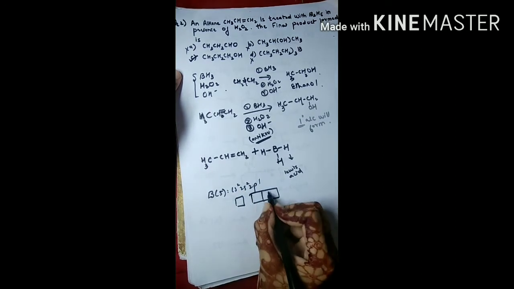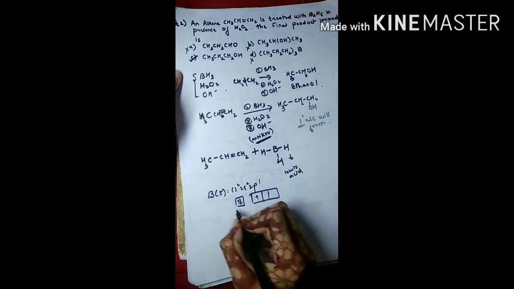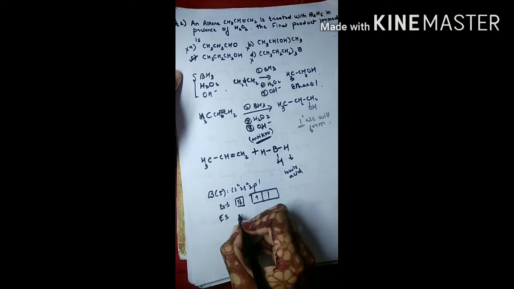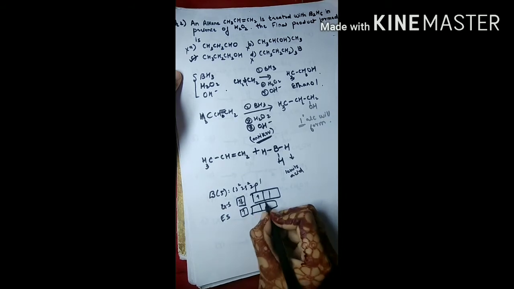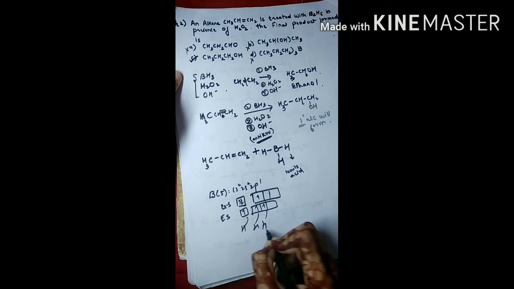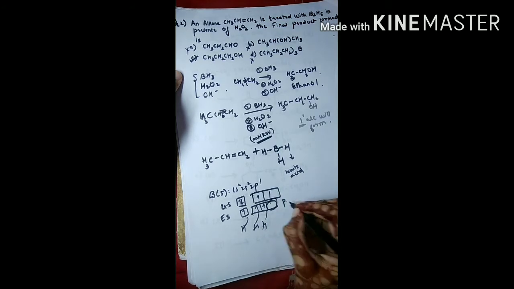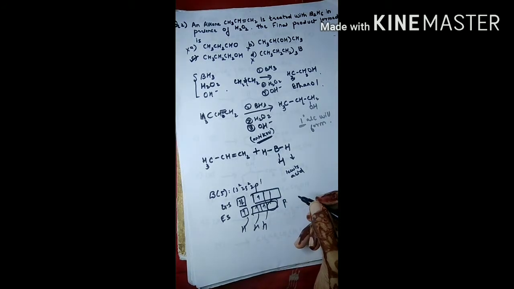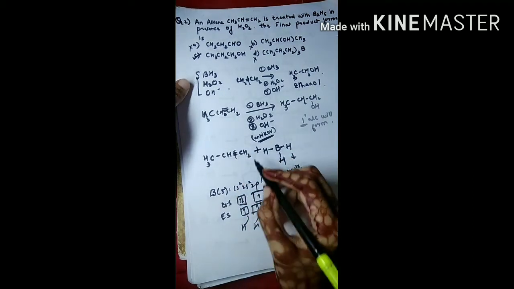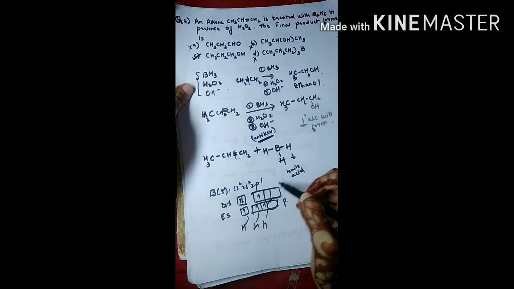If I am writing the ground state and excited state of boron, this one is the ground state and the excited state is this. So you can see here one p orbital is vacant. All the 3 hydrogens get attached and one p orbital is vacant. And the pi electrons of propene are ready to take that place.